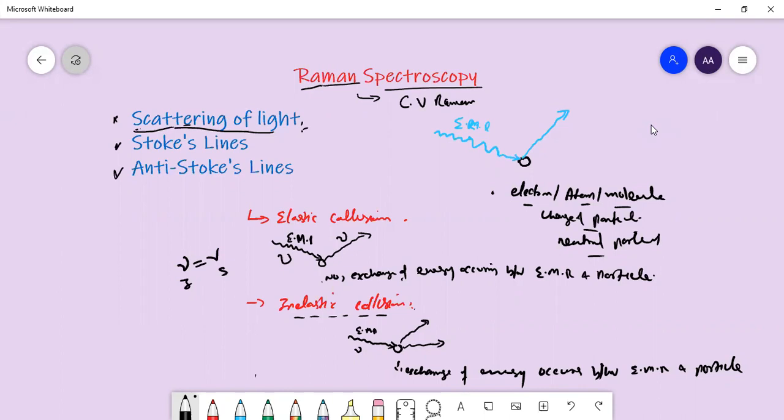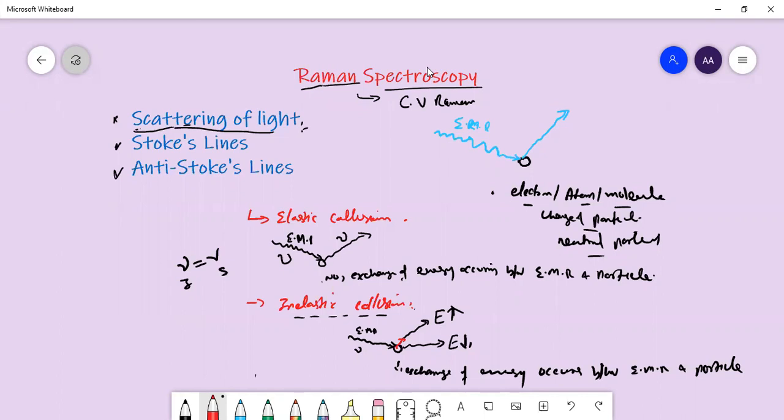It means the energy of the scattered radiation can either increase or decrease. If the energy of the radiation increases, it means the particles are giving up their energy to the scattered radiation. Otherwise, if the energy of the scattered radiation decreases, it means the particle is absorbing energy from the electromagnetic radiation.